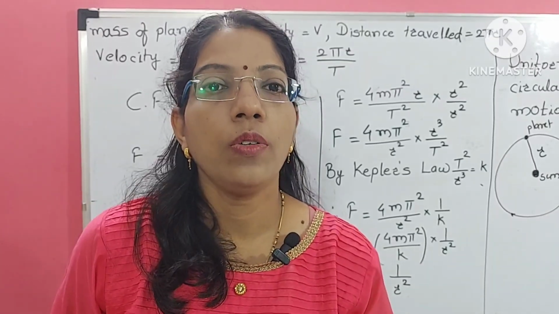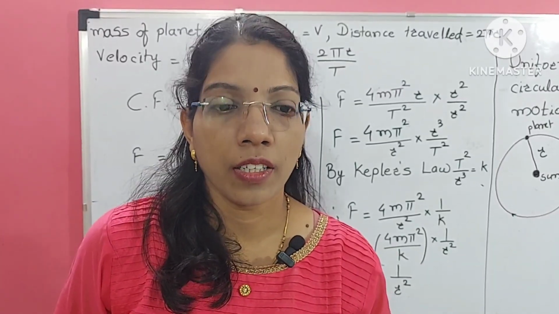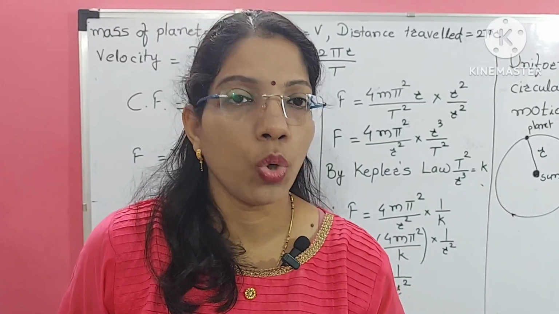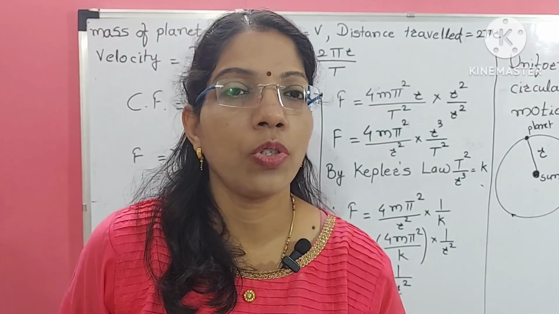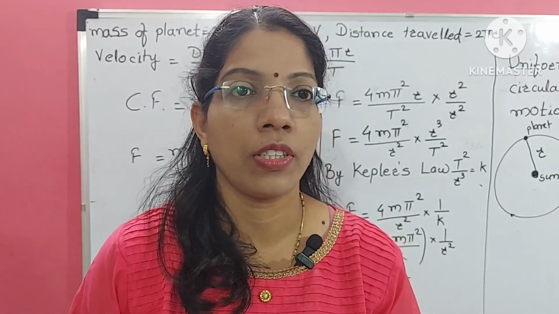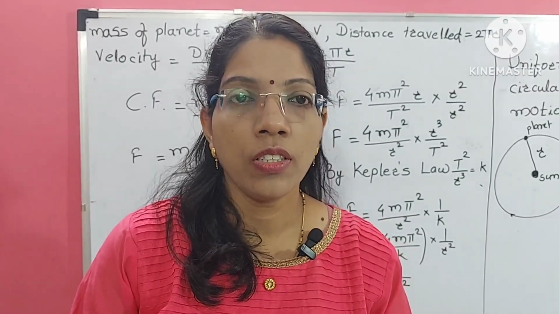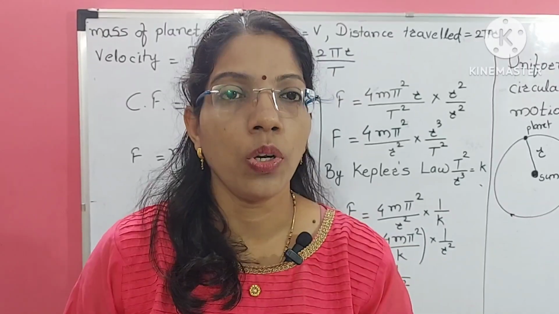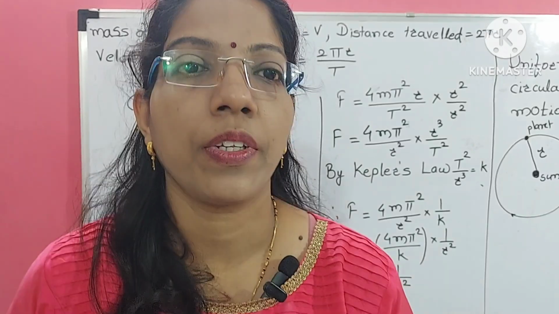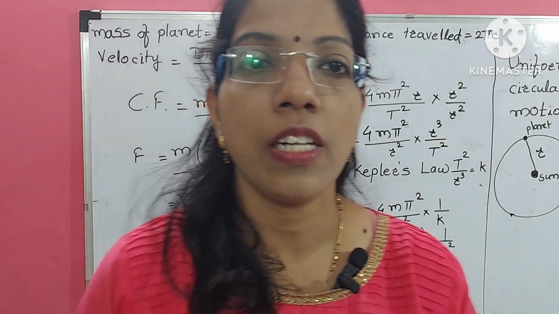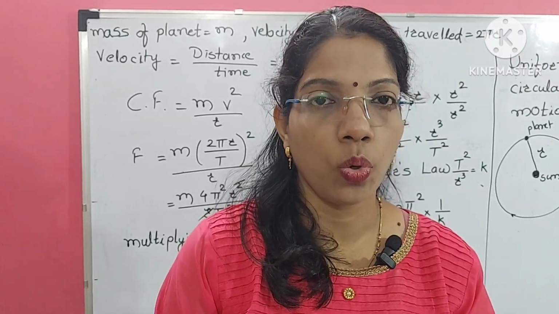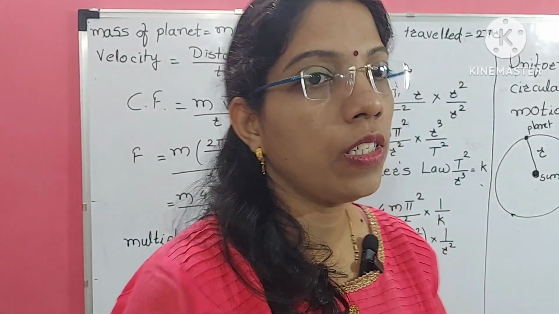How was Newton helped by Kepler's laws to state that the force between two objects is inversely proportional to the square of distance? That is called Newton's inverse square rule. How he was helped by Kepler's third law, we will see step by step in this lecture.